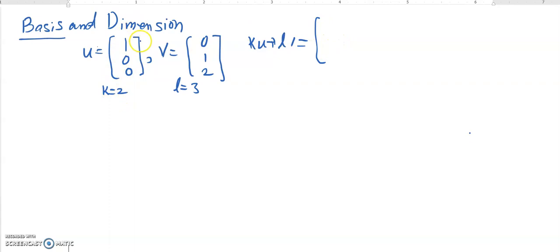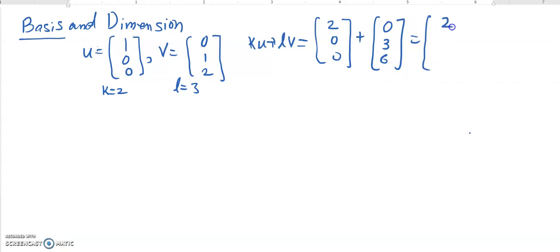So that means k times u will be 2 times 1 0 0, and then plus 3 times 0 1 2, that is 0 3 6, so we will get 2 3 6. So we will say that this vector 2 3 6 is in the span of u and v.